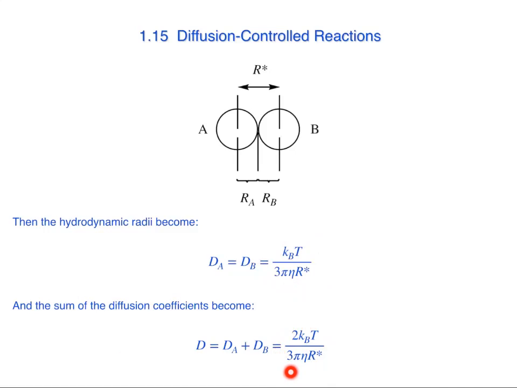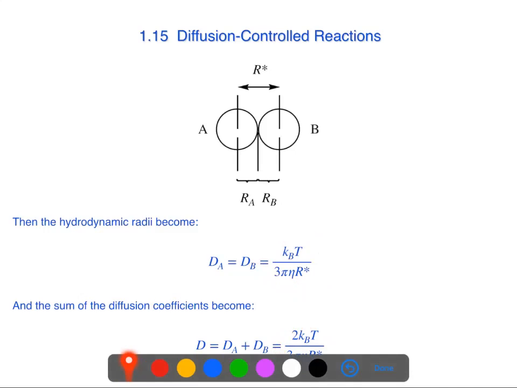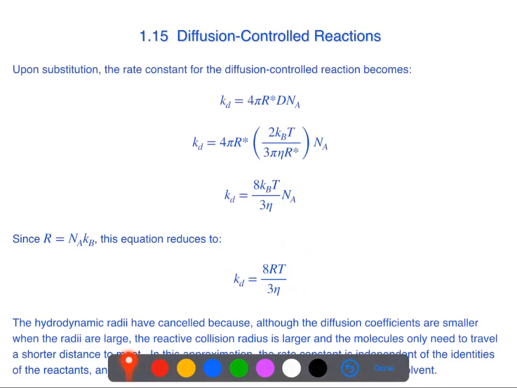So now let's substitute this expression into the original expression we used to calculate the diffusional rate constant. In doing so, we end up with the following. This is our original expression. We're going to substitute in for the sum of the diffusional coefficients, which we said previously is now 2 kBT over 3 pi eta R star. We're going to see cancellation of R star and pi, and we're going to multiply the constants.